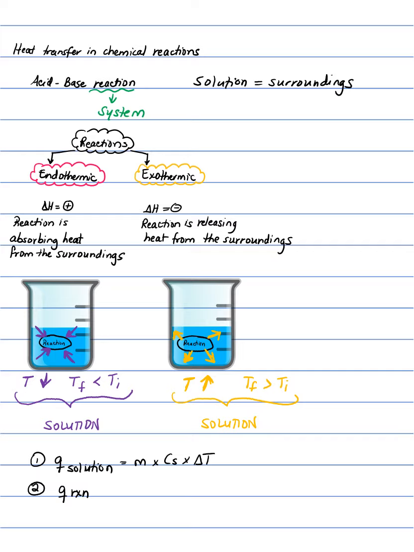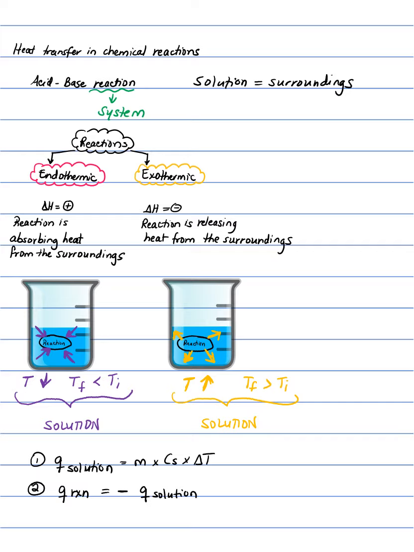So the Q for your reaction, or the heat of the reaction, will be the opposite of what you're calculating for your solution. If you're calculating a number that has a negative sign for your solution, then for the reaction you have the negative of a negative number, which is going to give you a positive.